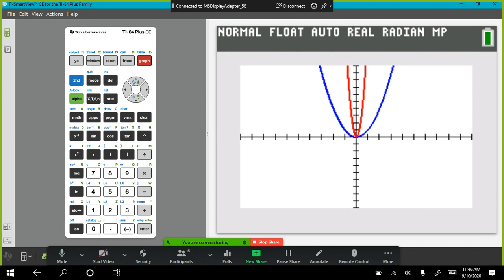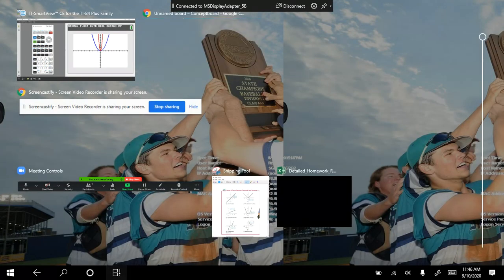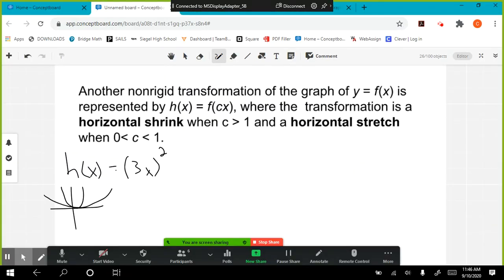Well, I'm getting it backwards again. Did I read it wrong? Let's see, c is greater than 1. Oh, that's a horizontal shrink. Sorry, I read it backwards. I got to read it. That's a horizontal shrink, and that's what happened.